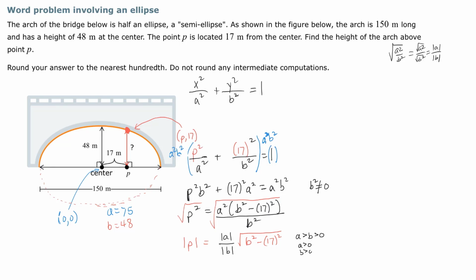B is greater than 0. And so what happens to the absolute values? The absolute value of a has to be a, right? What's the absolute value of a positive number? You just get the number itself, because a and b are positive. You do need to state that.